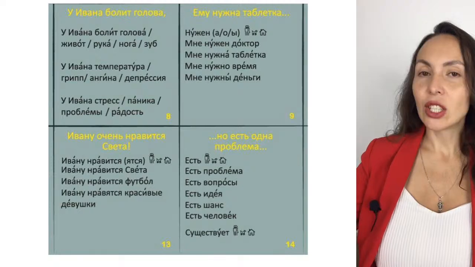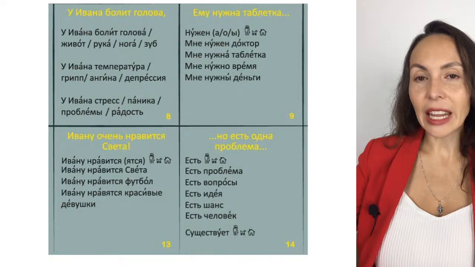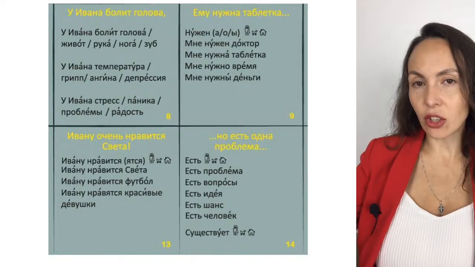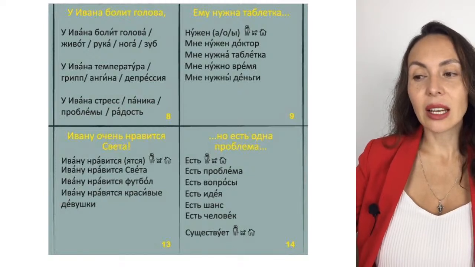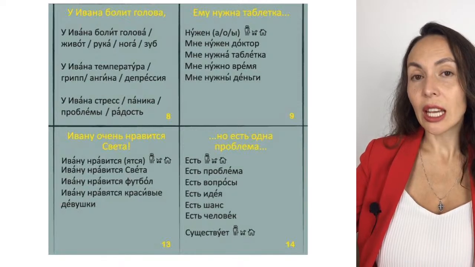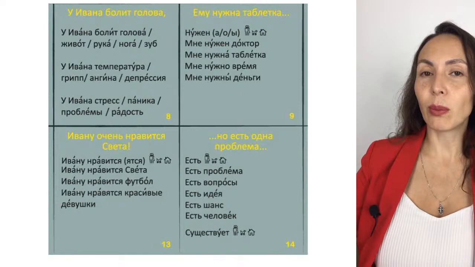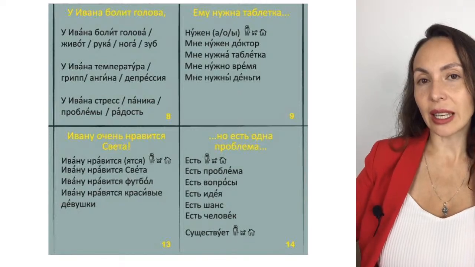So all these are very natural, very logical, right? Ивану, he's a young man, нравятся красивые девушки. It's logical. And your job is to come up with more examples like this, more logical and natural examples.